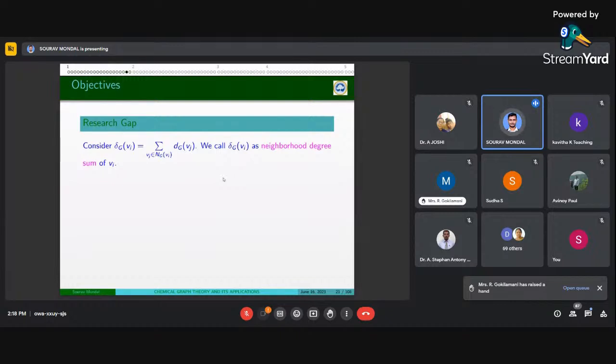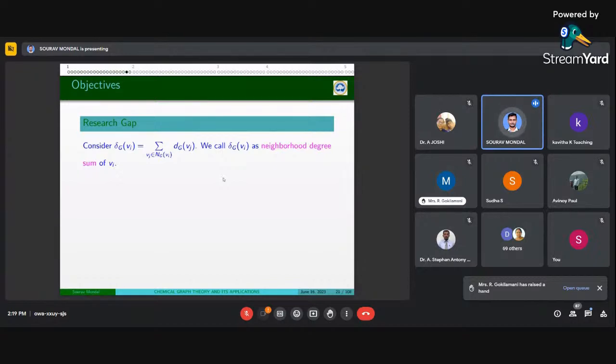As a result, in addition to investigating well-known useful indices, novel indices that are more significant from application and theoretical points of view than the existing ones must be developed.